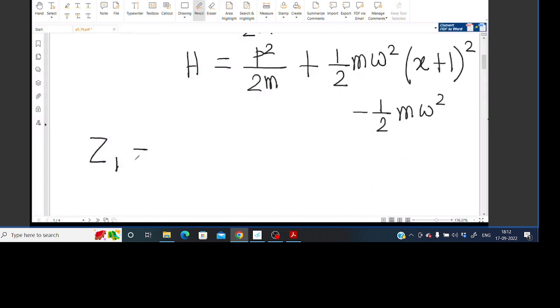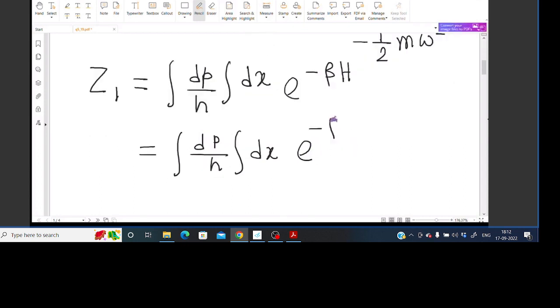The single particle canonical partition function is given by integral dp integral dx by h into e to the power minus beta H. Here we replace H by p square by 2m plus half m omega square into x plus 1 whole square by 2 minus half m omega square.